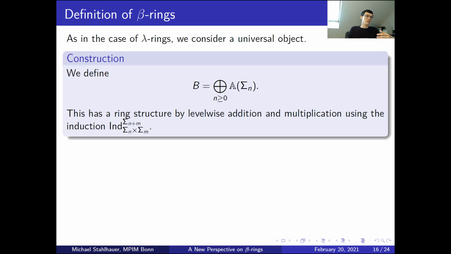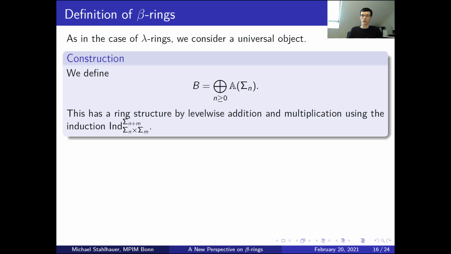Okay, and we could now start to define a beta ring as something having these operations and satisfying certain relations. But this is a bit difficult because it's not that clear what the relations should be between these beta operations. So it's a bit easier to just directly go to the universal object point of view and define the universal beta ring.